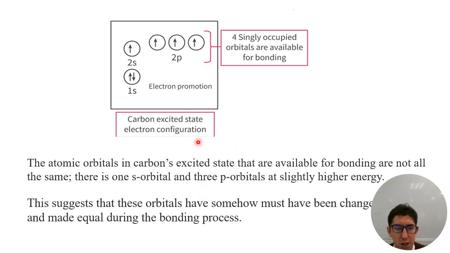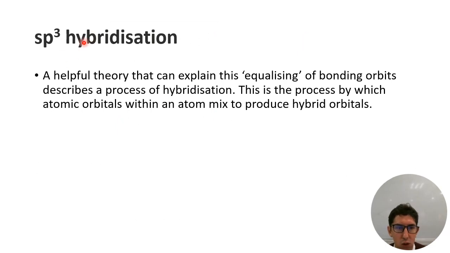So a process must be occurring, and that is called hybridization. Rather than having 3 electrons in p orbitals and 1 in the s orbital, we get this equalization of those 4 different orbitals so that they become equal and have equal energy, and this is called hybridization.